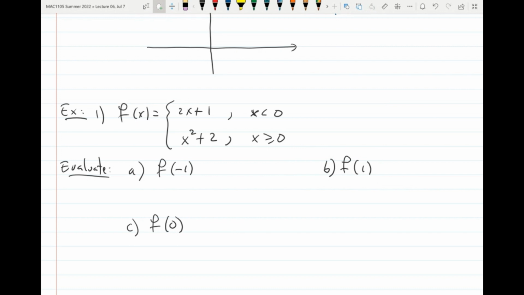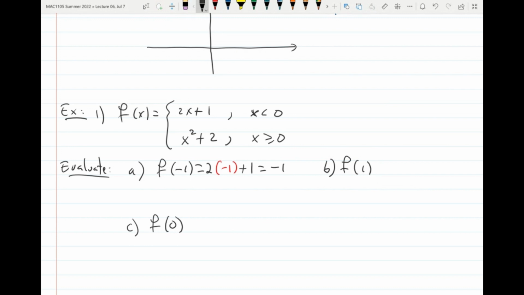Well, -1, where does it fit here? It fits right here. -1 is less than 0. You understand that? So that means you should be using this formula to evaluate this. So this would be 2 times -1 plus 1. Does that make sense? So what do we get? -1.